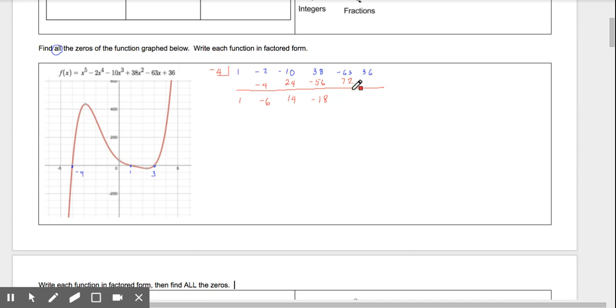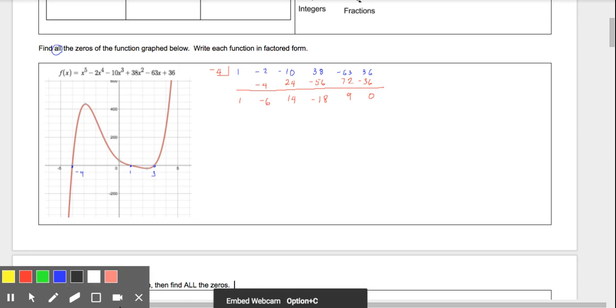And 72 minus 63 is positive 9. 9 times -4 is -36. Therefore, we'll have 0 here.